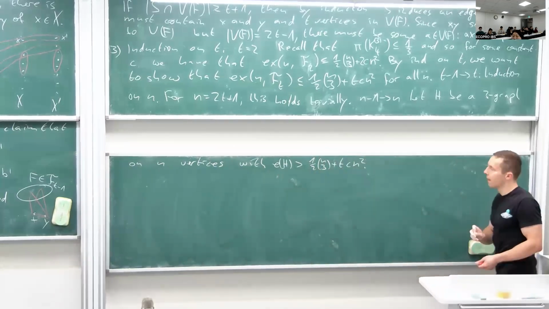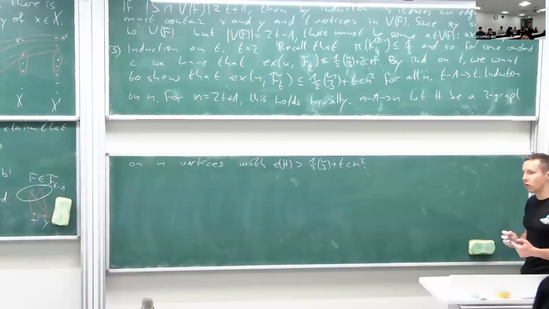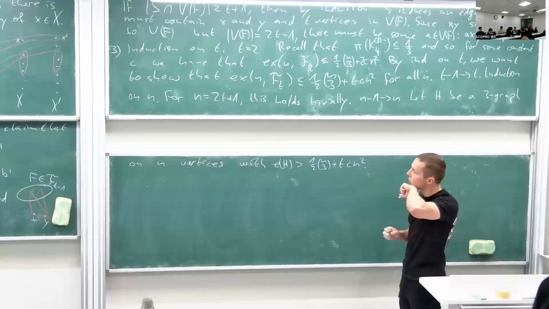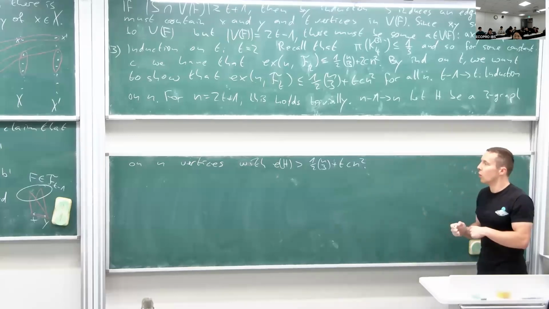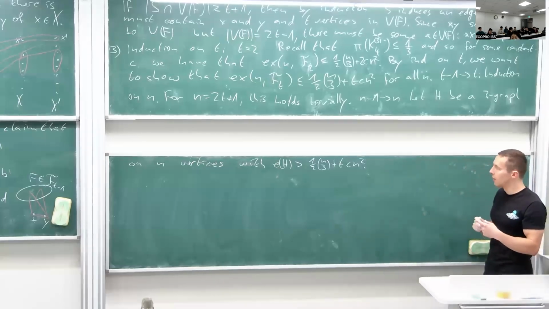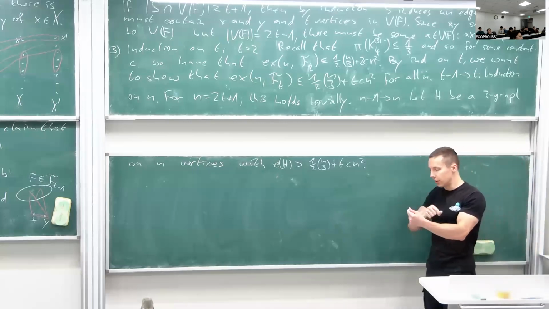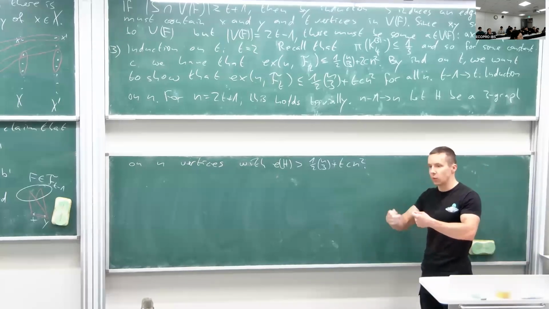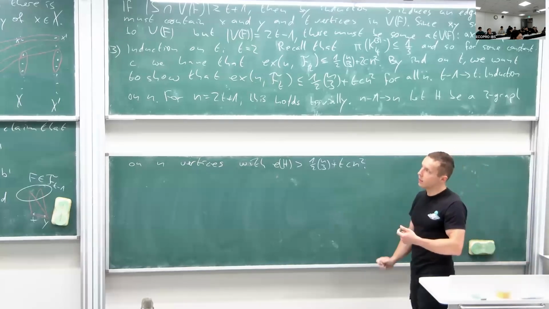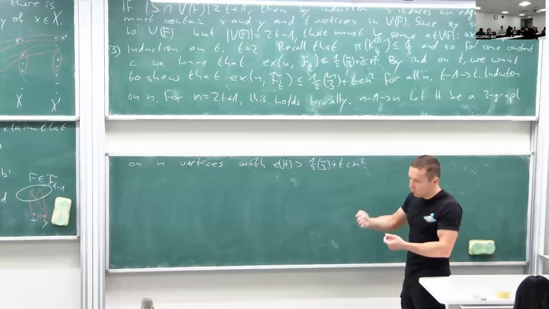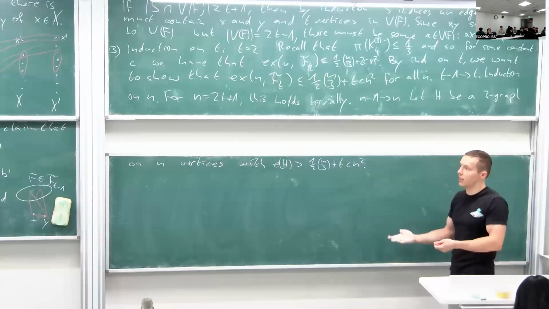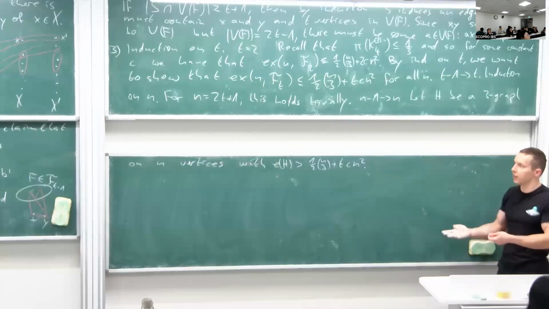Okay. And what we want to do here is similar to what we saw in the second lecture. We want to look at several links of different vertices in a weighted way. And we want to say that on the one hand, because of our degree condition, these weights must all be quite large.